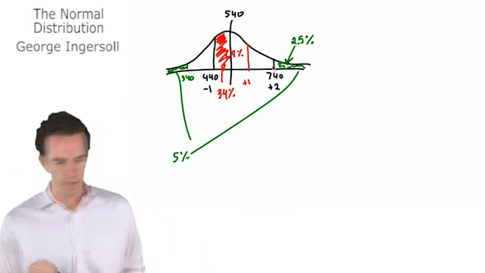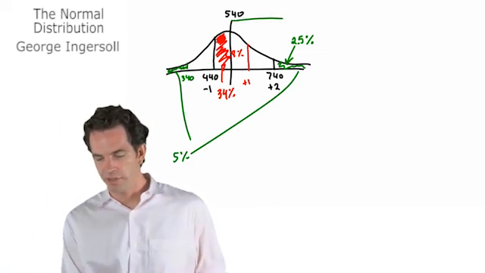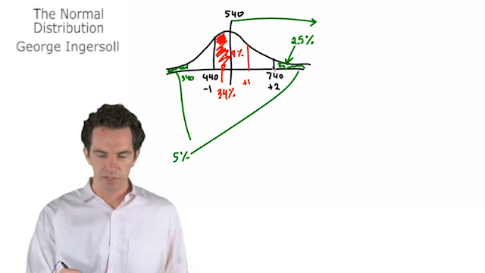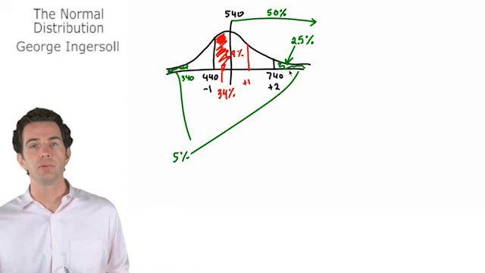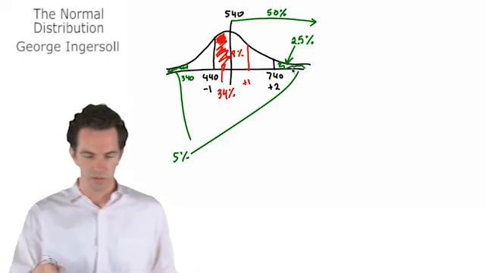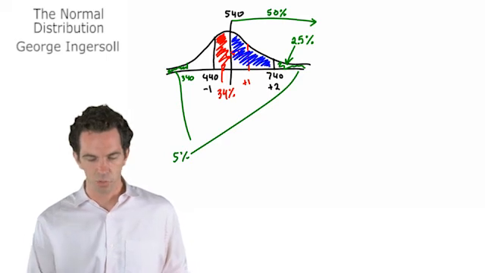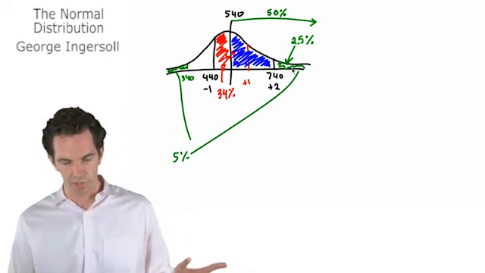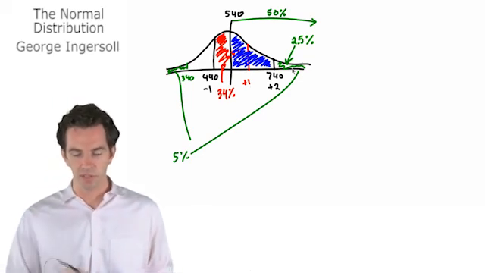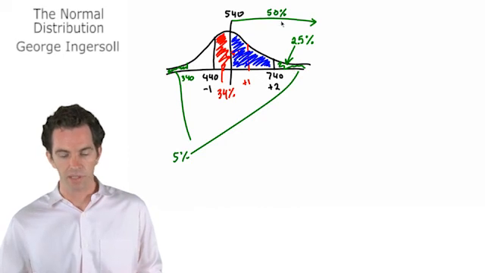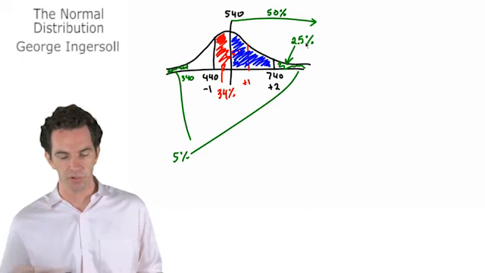So, bear with me. We know that on this side of the average, this is 50%. And this little area right in here is 2.5%. So what's this area in here? Everything between the average, 540, and 740, 2 standard deviations, well, it's going to be 50% minus that little outlier piece, everything above 740, which is just 2.5%.